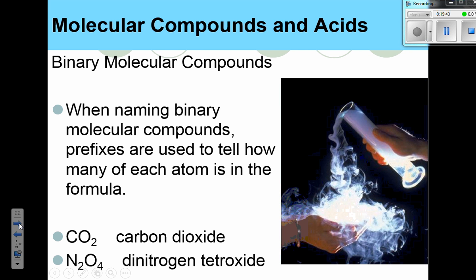You can move that shape 4 ways. Well, most of them. 4 times is tetra. So, tetra, and this is oxygen. Remember, when it's the second element, we take off the suffix and add IDE. So this becomes dinitrogen tetroxide.